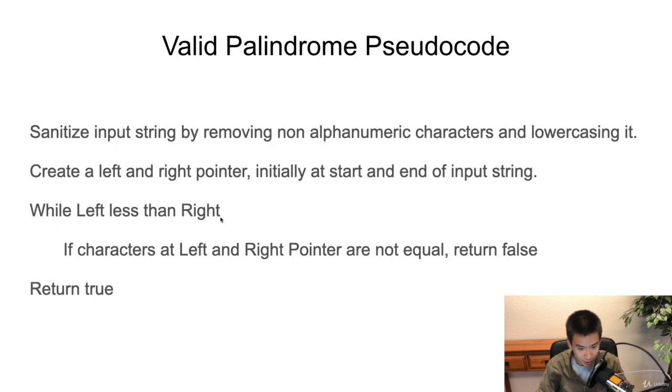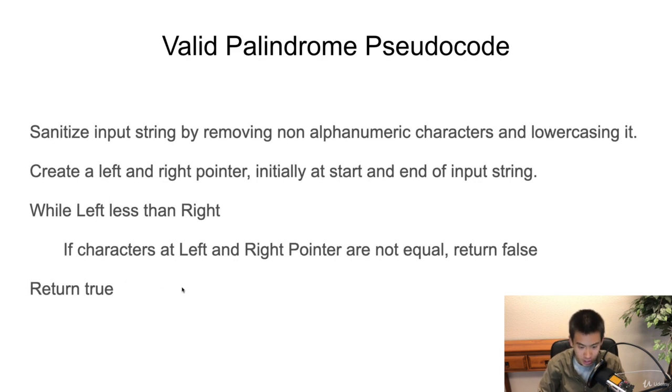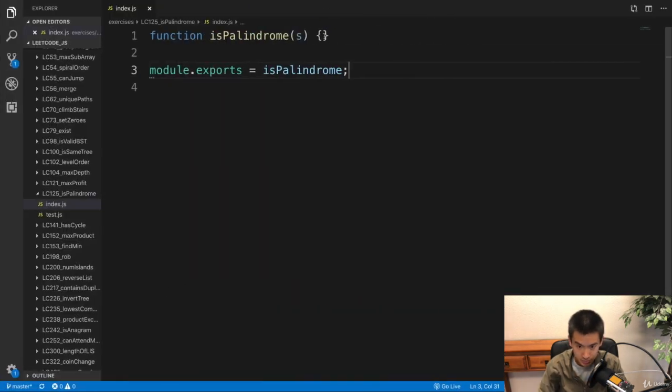While left is less than right, if the characters at the left and right pointer are not equal to each other, have your code return false. If this while loop ever finishes running and never returns false, we return true. All right, that's my pseudocode. Try this on your own. Otherwise, I will give you my solution.